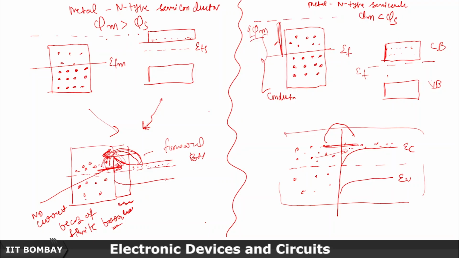But if we change the material property despite phi m greater than phi s, so if you can recall from the p-n junction diode case, if it is heavily doped, then depletion would be smaller, right? Because in a small region, let me consider the case of metal semiconductor. So this is, let's say, metal, this is semiconductor, and this is N type.